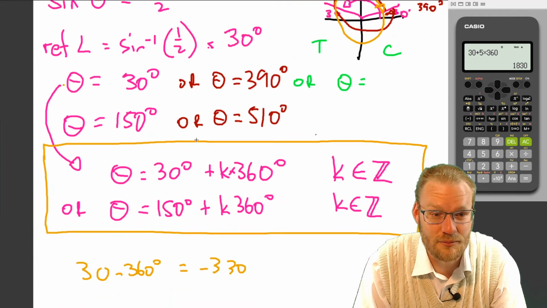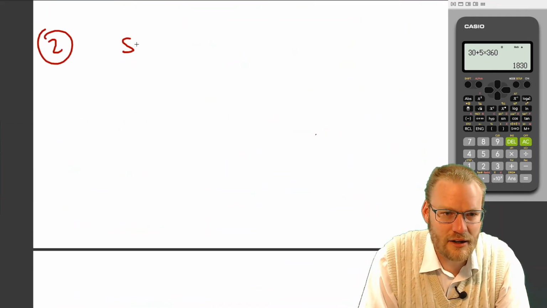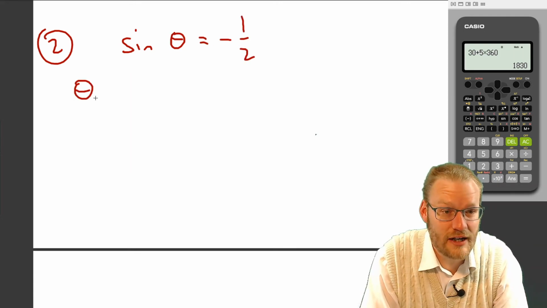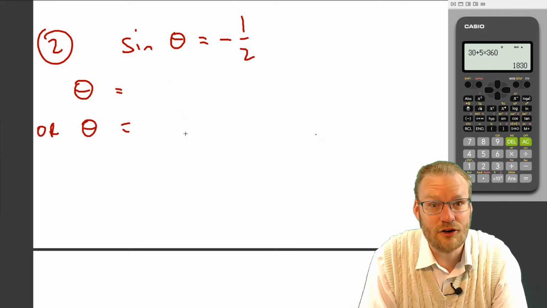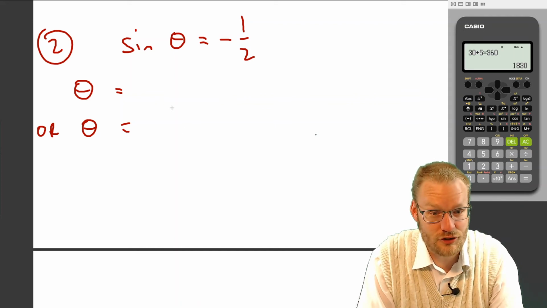So if you were given a second example that said, okay, sine of theta equals negative a half. Determine your two values of theta that are between 0 and 360. Okay, so you're going to have your two solutions.